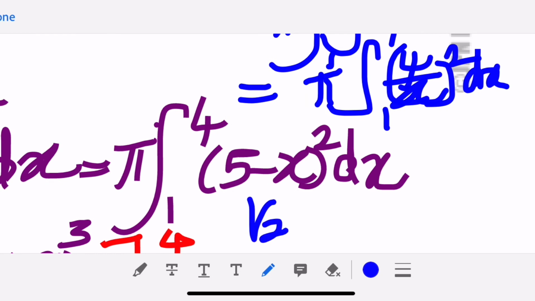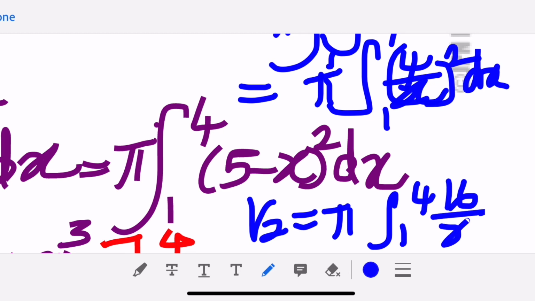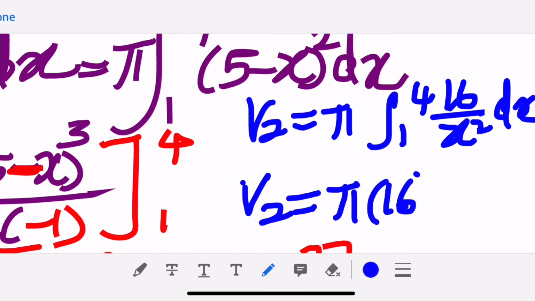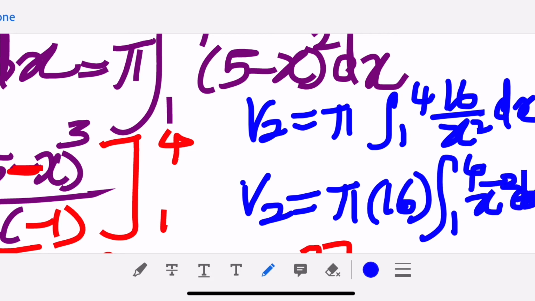So let us simplify first. Volume number 2 is pi integrate from 1 to 4 of 16 over x squared dx. We factorize the 16 out. It is x to the negative 2, right? Have to bring up the power.